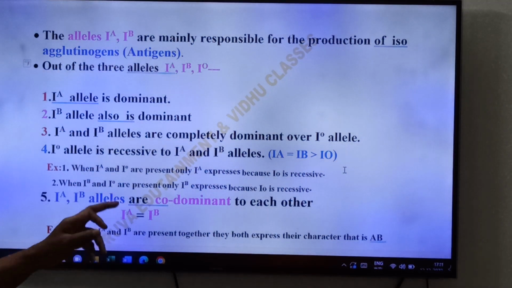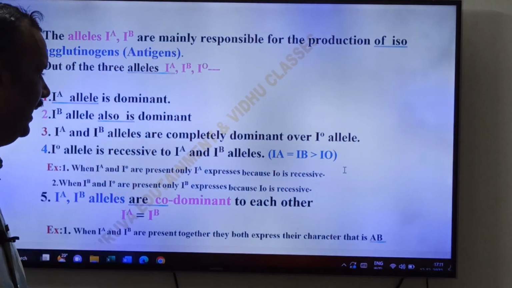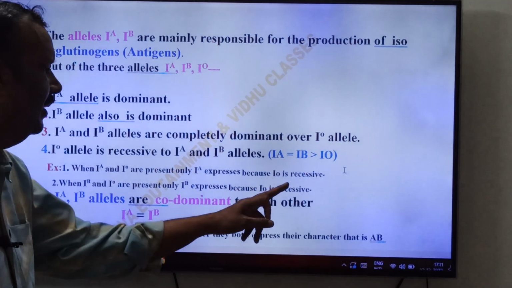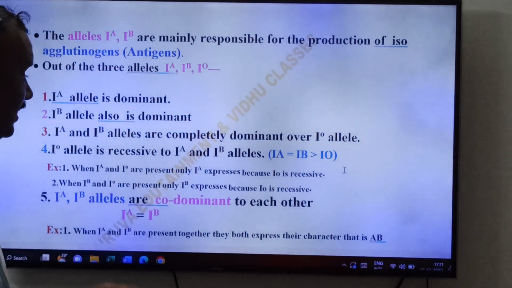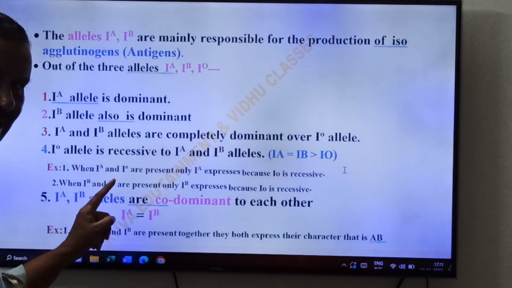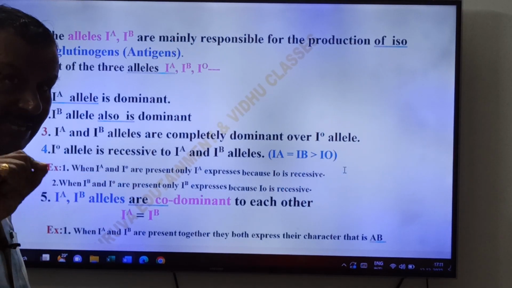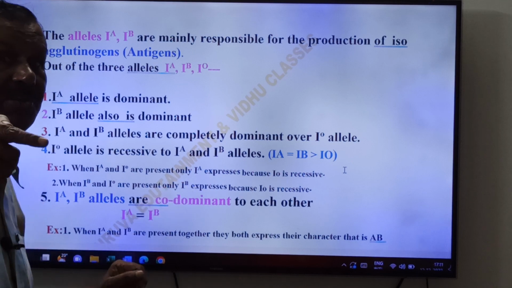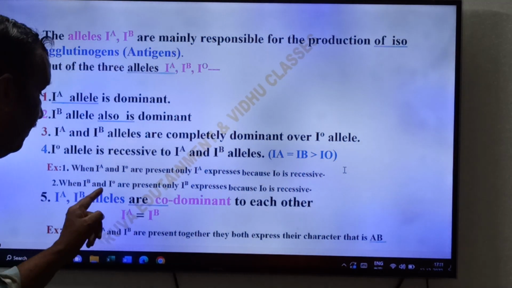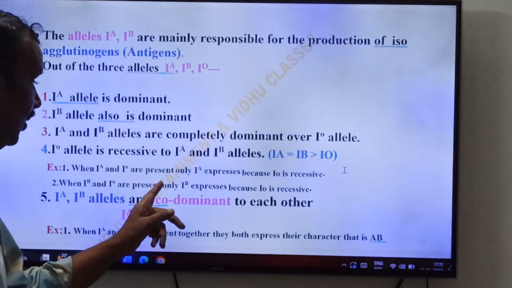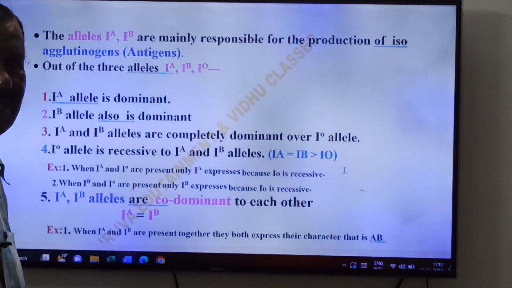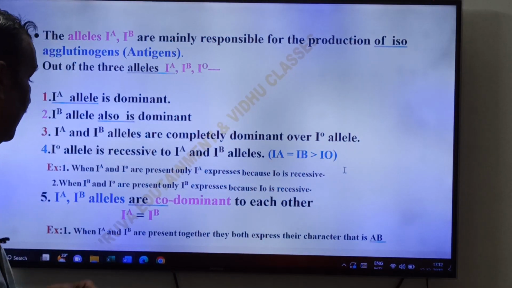Example: when IA and IO are present in an individual, IA expresses its character because IO is recessive. When IB and IO are present, only IB expresses its character because IO is recessive.